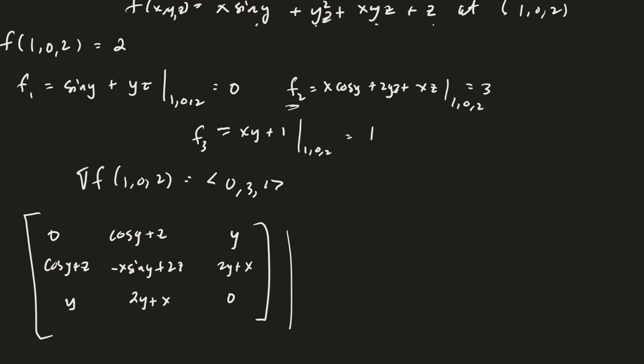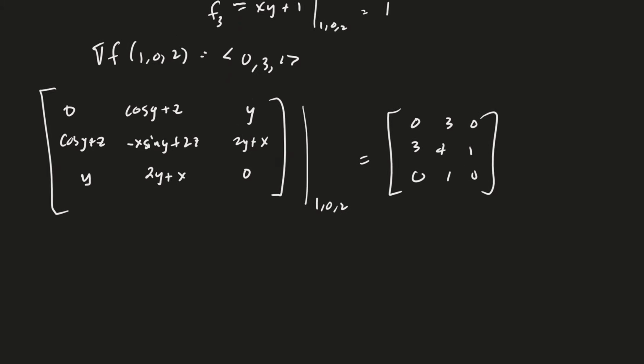Then evaluate that at (1, 0, 2), and you get the matrix 0, 3, 0; 3, 4, 1; 0, 1, 0. Good.